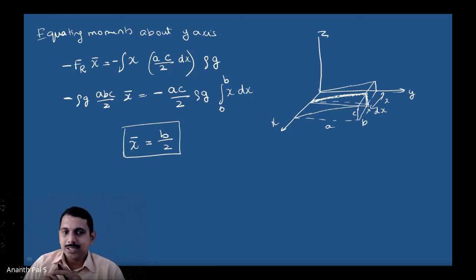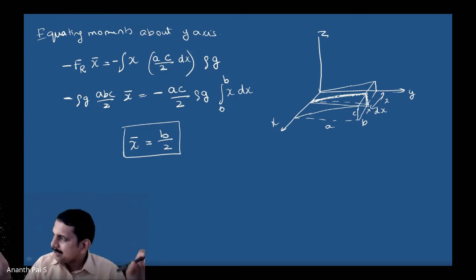See, till now what did we do? We took with respect to x, we took with respect to y, because the force was acting in that direction. Now on the z bar, where should it act? X bar, y bar is done. On the z side, where should it act?